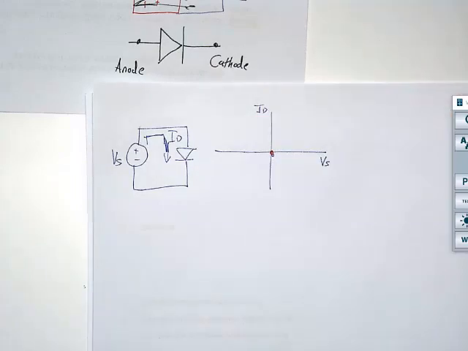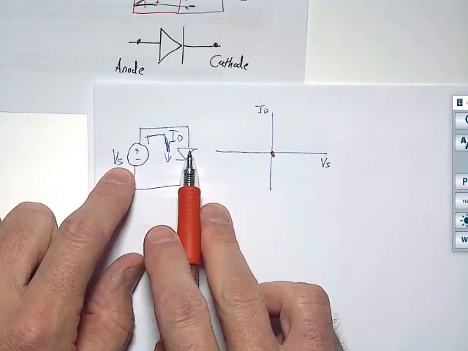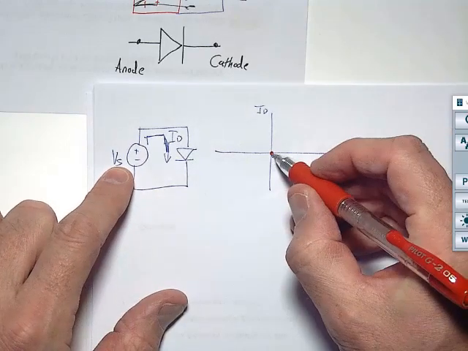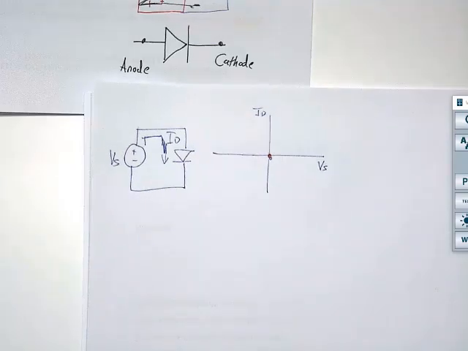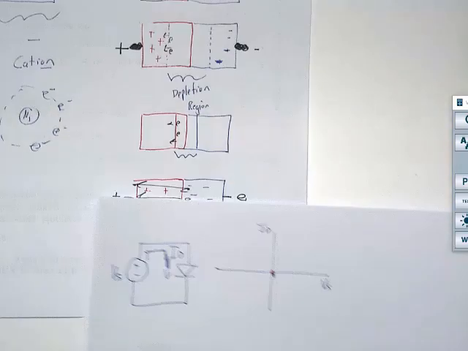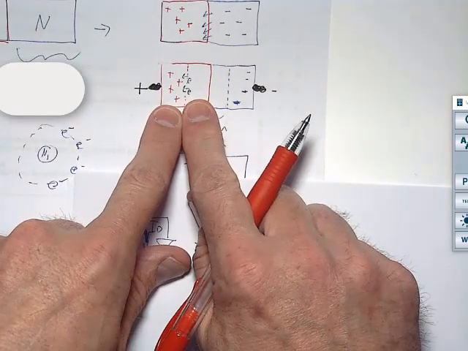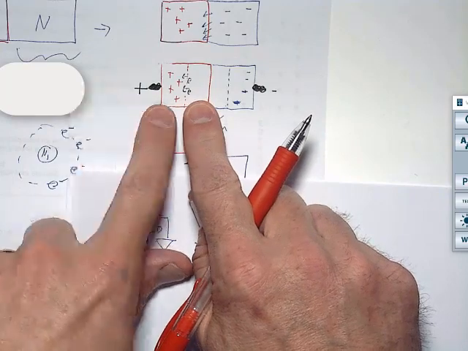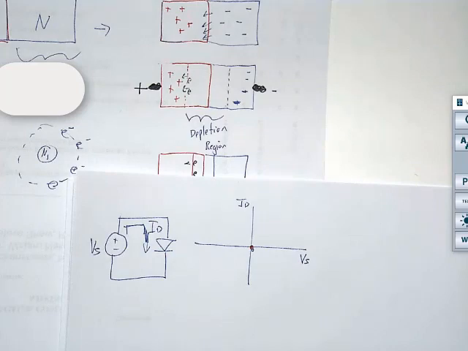Now I start increasing Vs, which is the voltage across the diode. And what happens is that the current doesn't start flowing. This is kind of the weird part of it conceptually. If you think about our pictures that we had, when we put voltage on it, we were actually pulling electrons out, but we were doing it to close the depletion region, right?